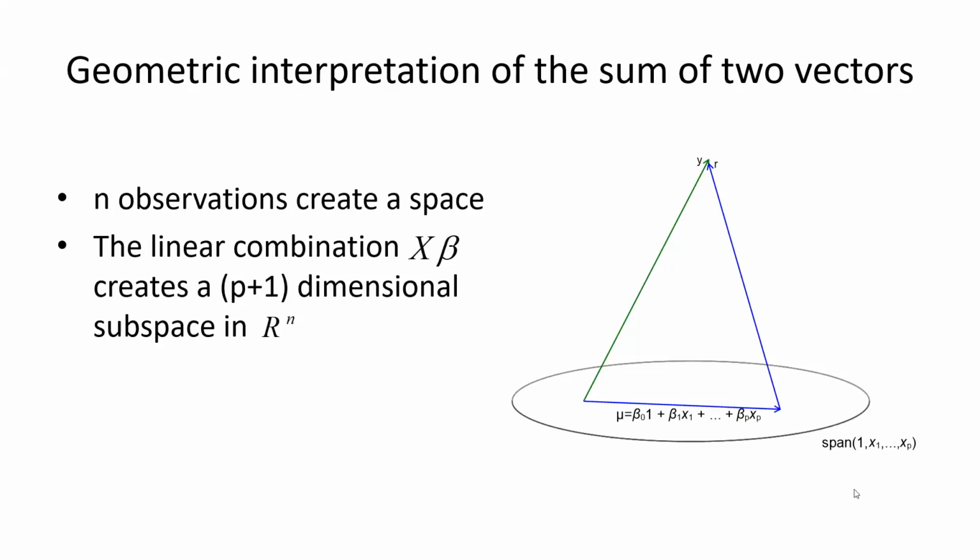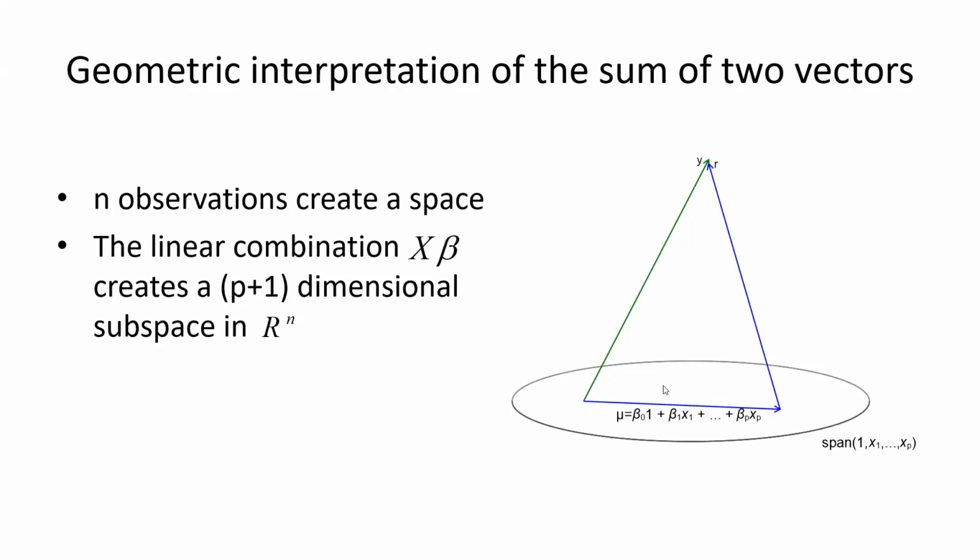So, starting from the origin, the 0, 0 spot, we move in this plane. X beta leads to some other point on this hyperplane, whereas the observation y goes into n-dimensional space, so anywhere.